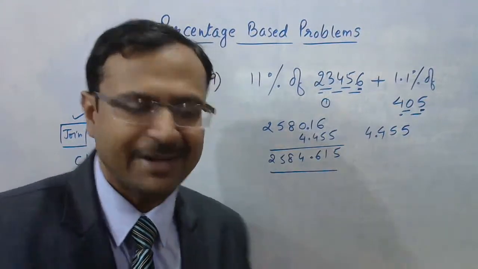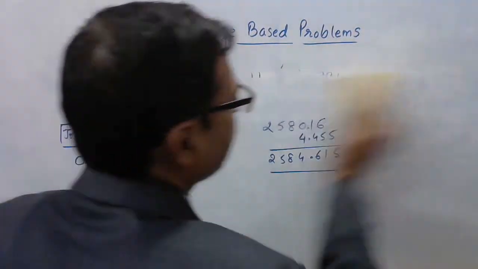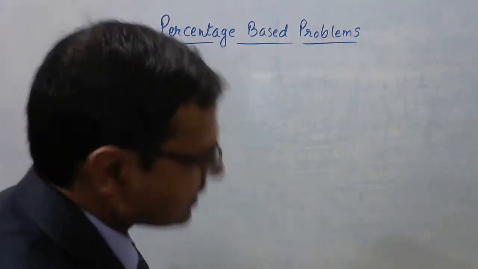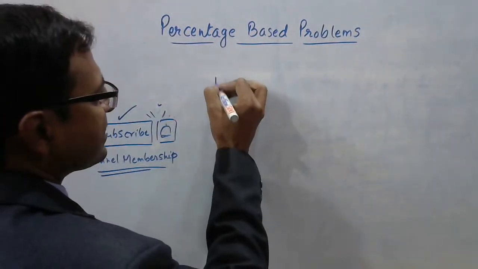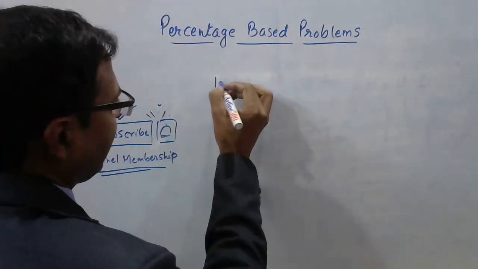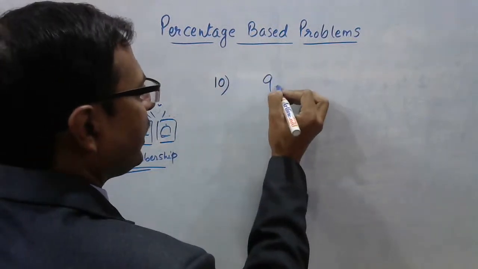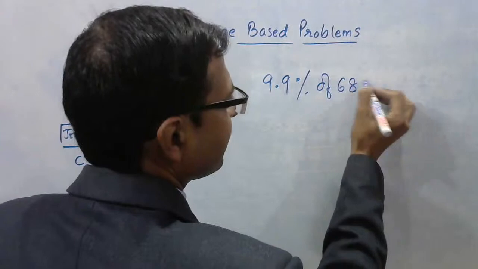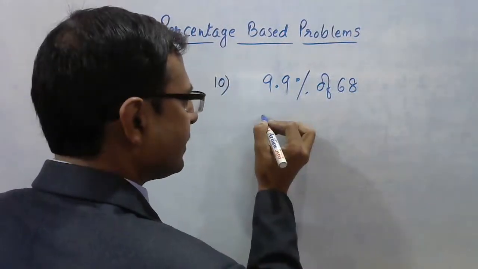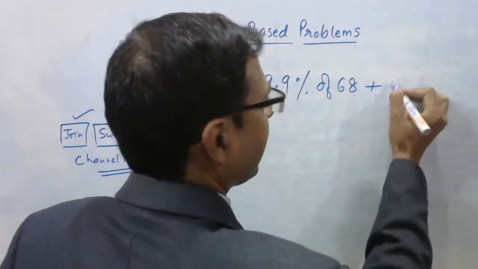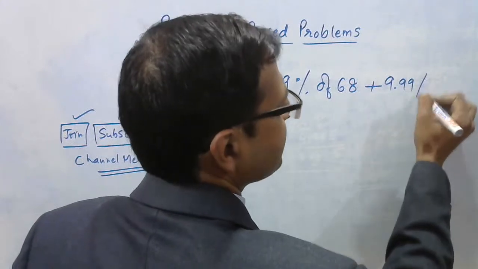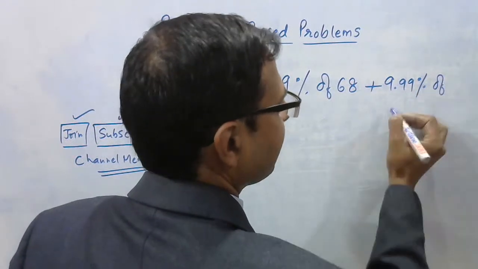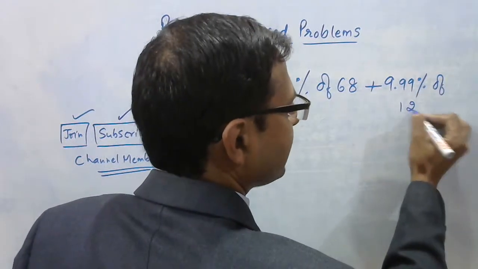Very well done, friends. And the final question for today on this live stream is a multiplication by 9's short trick. So we will have the 10th question. 9.9% of 68 plus 9.99% of, I'll give you an easy one now, 123.